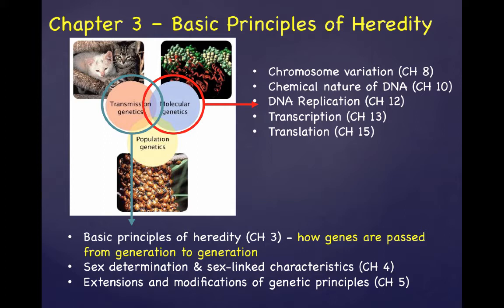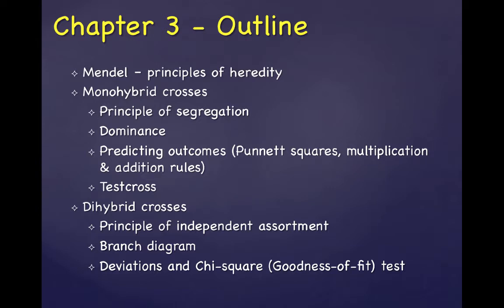So I have found that concentrating on the moving parts of molecular genetics in the middle of the semester tends to stick a little bit better with students than hitting that at the end of the semester. So we are going to hit transmission genetics at the end of the semester because students tend to have a better time grasping those concepts.